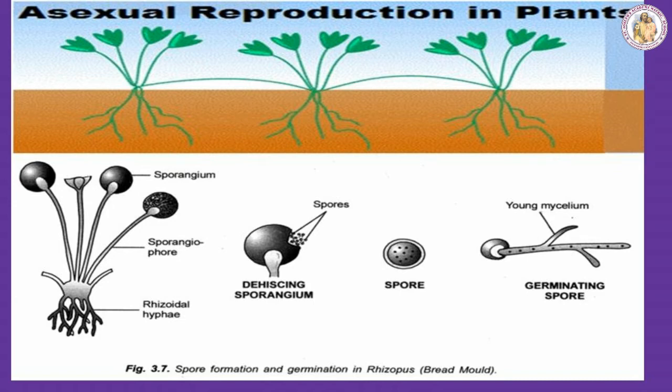The nucleus divides several times within the sporangium and each nucleus with a small amount of cytoplasm develops into a spore. Again the spores will germinate into a new organism. So that is called asexual reproduction.